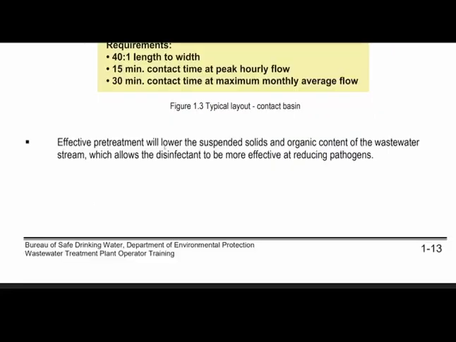Effective pre-treatment will lower the suspended solids and organic contents of the wastewater stream, which allows the disinfectant to be more effective at reducing pathogens.